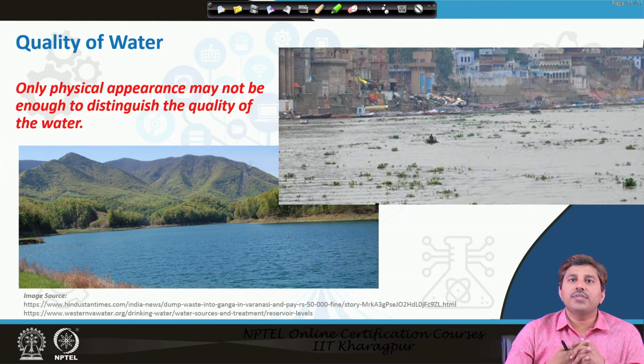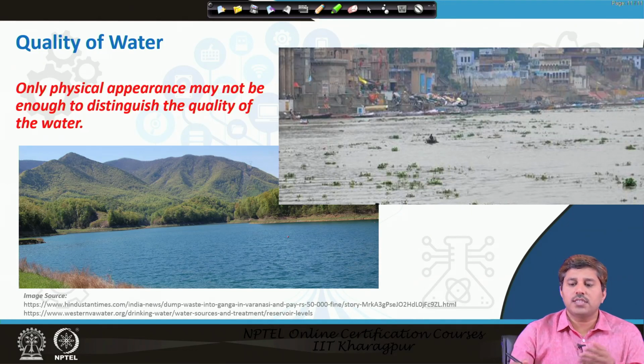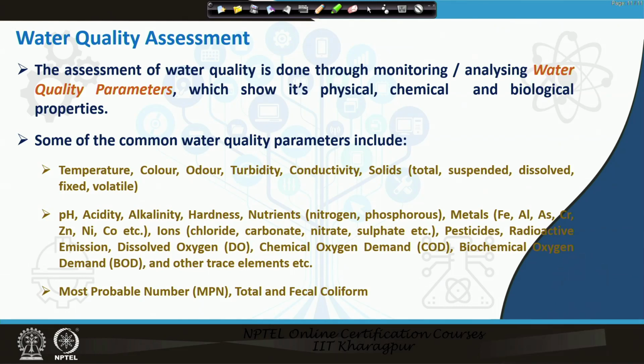Just by seeing we can say the water looks dirty, but dirty is just a kind of qualitative assessment. We can say it is dirtier as opposed to this one, but what is the characteristic of this water?